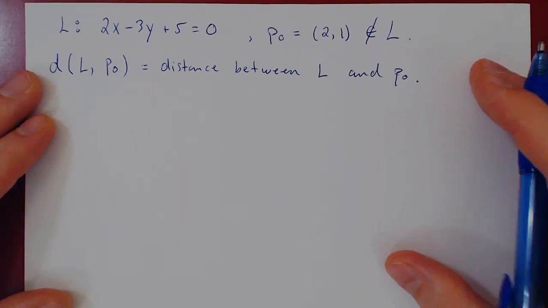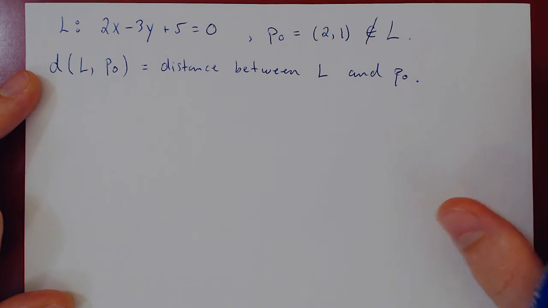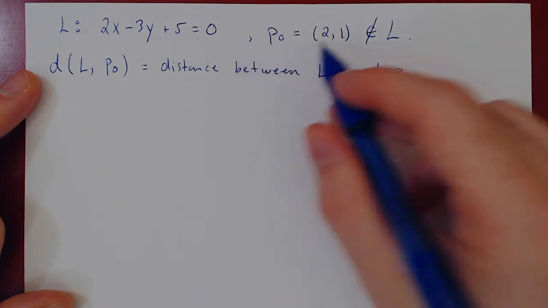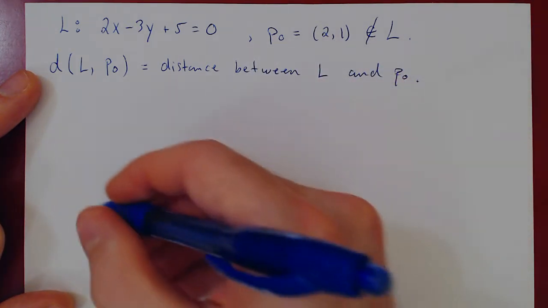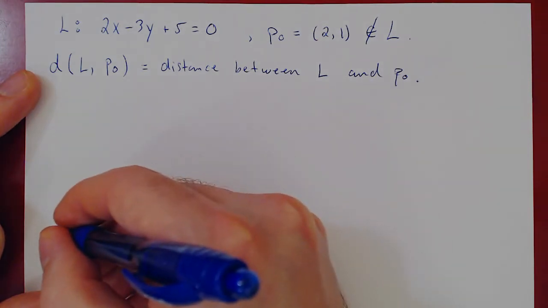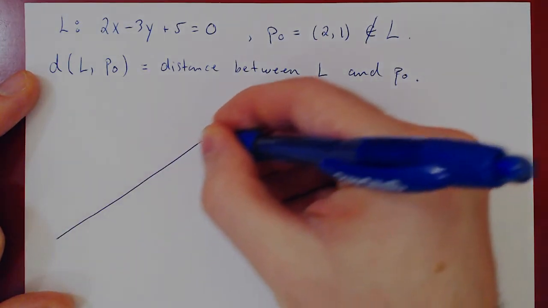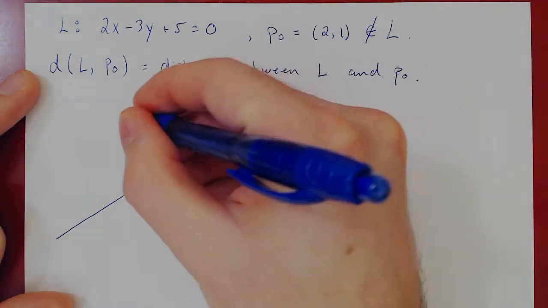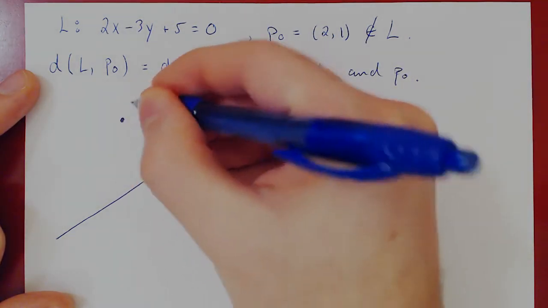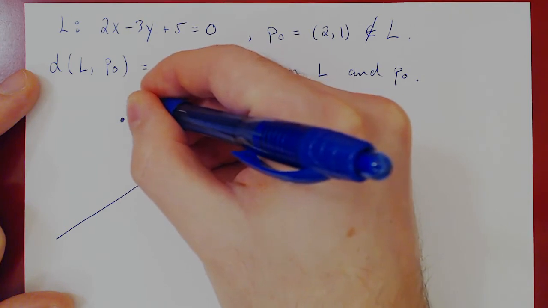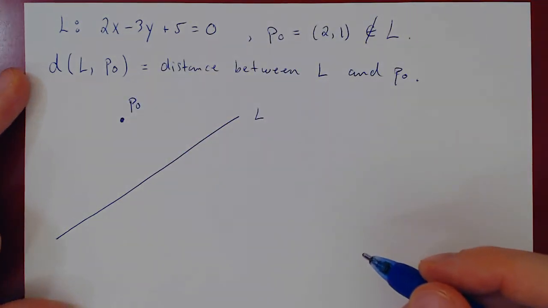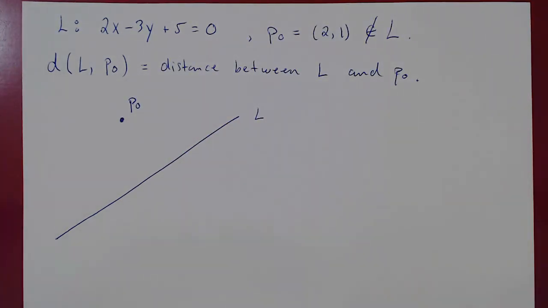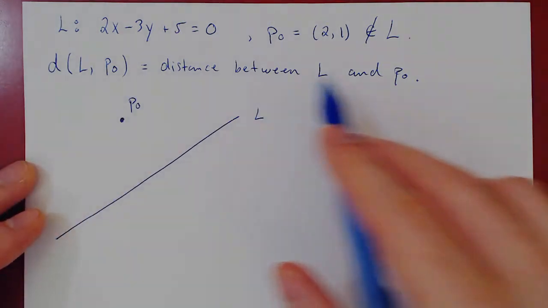So let's draw a generic line and a generic point. And I will always draw the following picture in the same way. I'll draw my line this way, and I'll draw the point, say, up here. This is P naught. The question is, how do we figure out the distance between this point and this line?